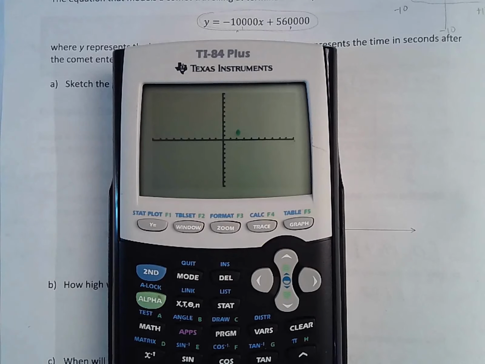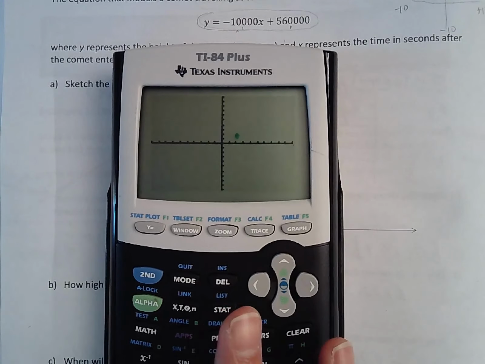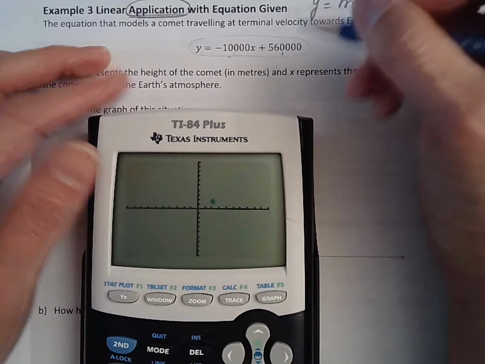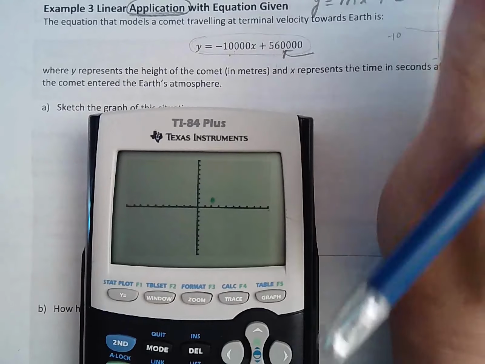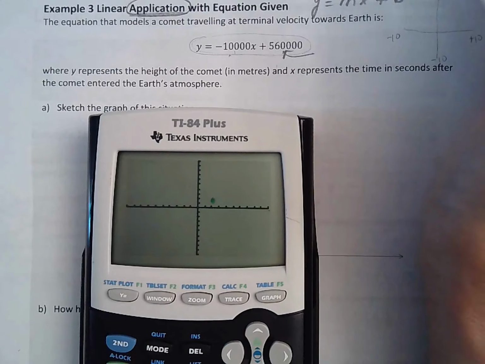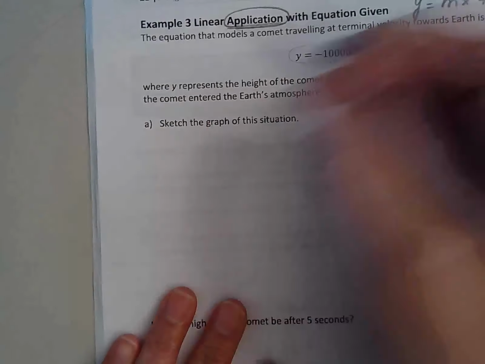Now, if I press graph, we know that it's not gonna fit. It's just way, way too small. So we already know that the y-intercept is 560,000, and just to sketch it in our minds, this is what's gonna happen.